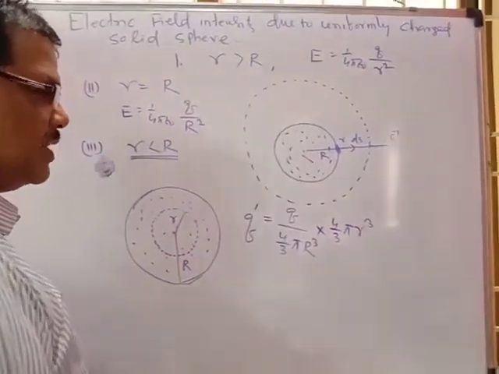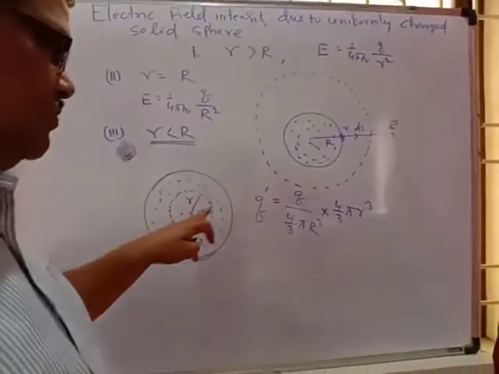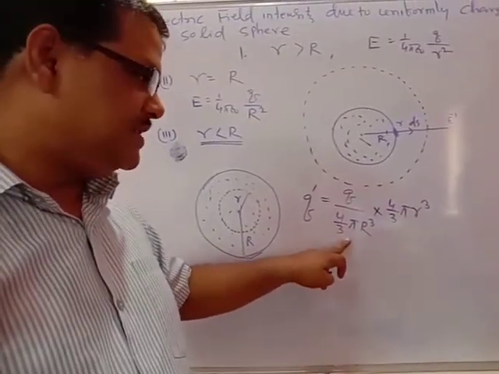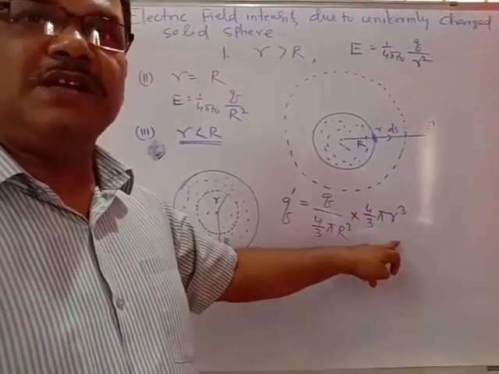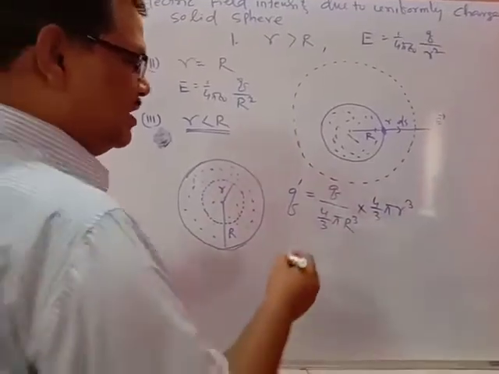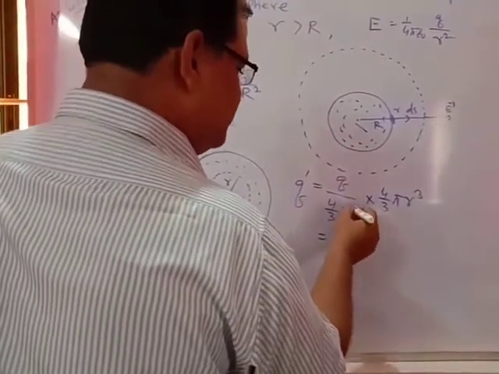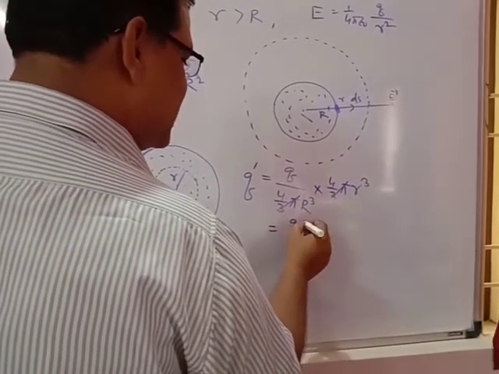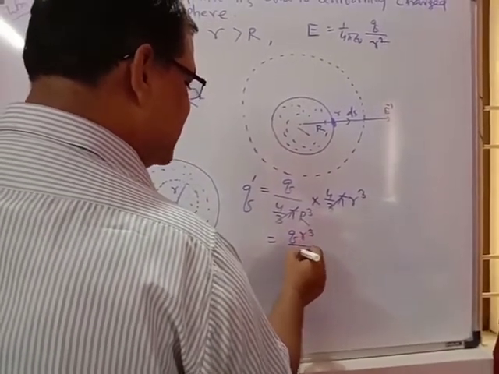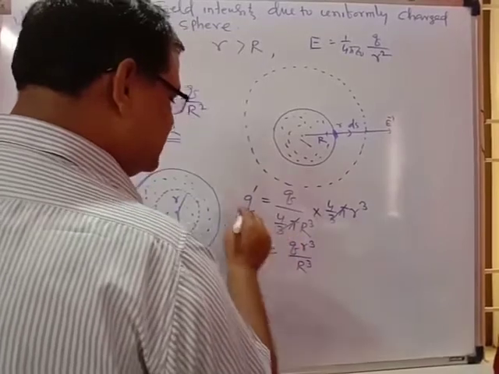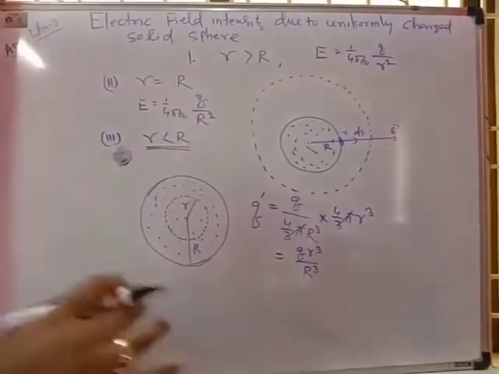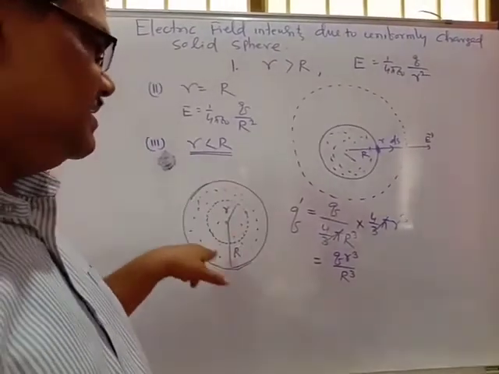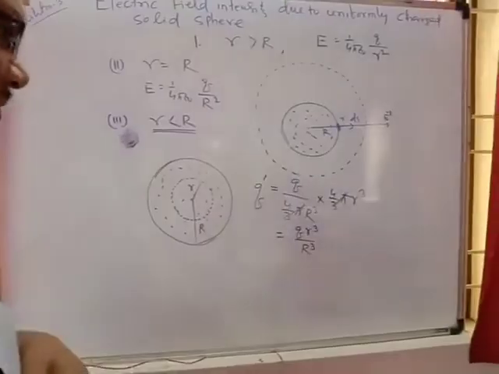So the charge enclosed by the Gaussian sphere equals total charge divided by the volume of the sphere, multiplied by the volume of the Gaussian sphere. The 4 by 3 pi cancels, and the remainder is Q r cube upon capital R cube. This is the charge enclosed by the Gaussian sphere inside the charged sphere. I think that is clear.